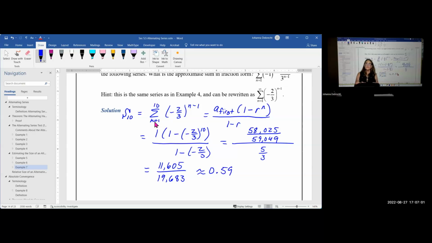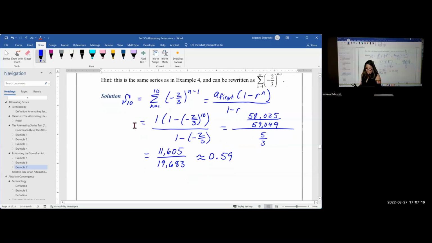Now remember, the true value is 3/5, which is 0.6. This is a very good approximation. I'm very, very close. Now we want to know what the error is. Again, we use the first 10 terms to approximate the value of the infinite series, the limit of the sequence of partial sums. Our error from using the first 10 has to be less than or equal to the next term out, which is a sub 11.